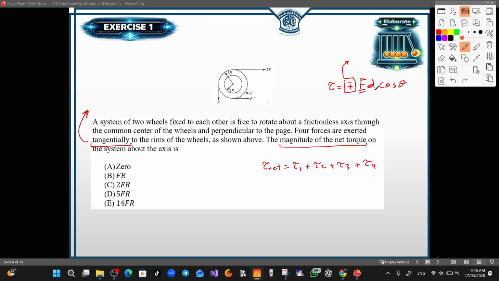F is the magnitude of the force, d is the distance between the point of application of the force and the pivot, and the angle is the angle between the tangential direction and the line of action of the force. However, here there is no need to worry about the cosine of theta, because theta itself is equal to 0. All the forces here are pointing in the tangential direction.